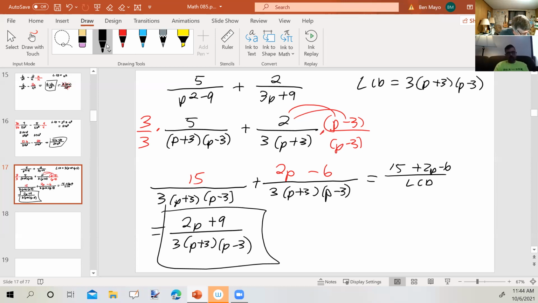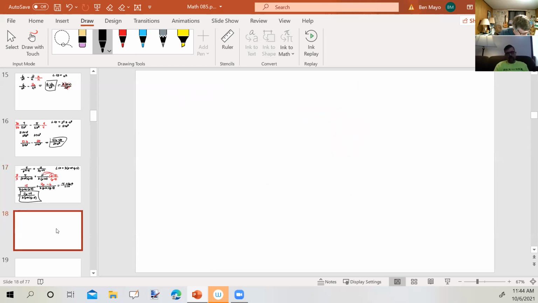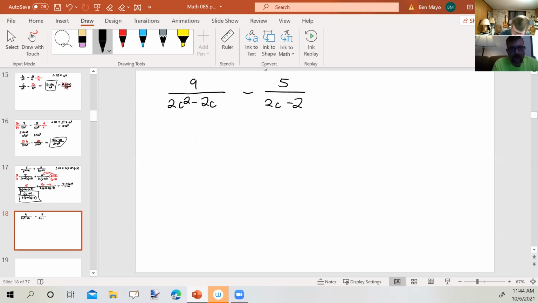Okay. Let's see here. How about this one? 9 divided by 2c squared minus 2c minus 5 divided by 2c minus 2.